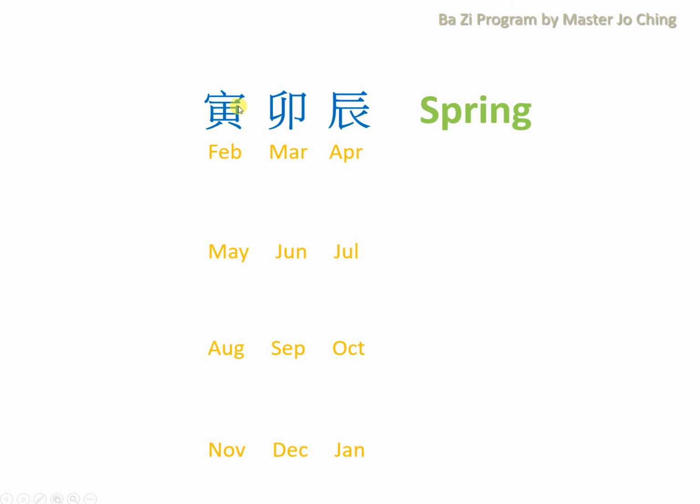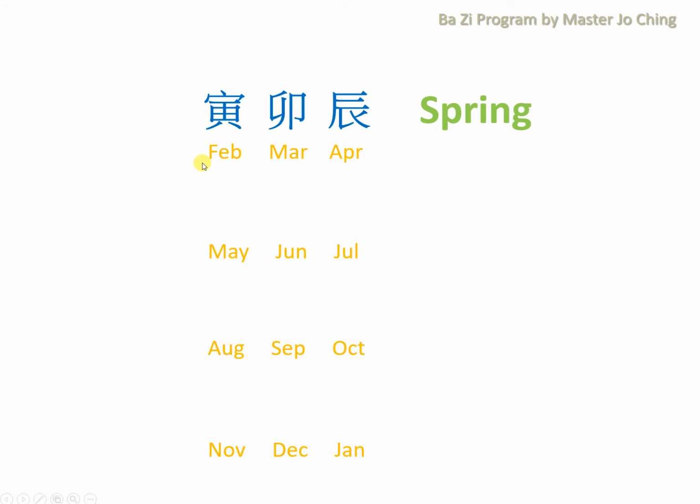Like 寅卯辰 is actually February, March, April, but please bear in mind they don't start on the 1st of February. In fact, in one of the next BaZi for Noob videos, I'm going to present the calendar system used by Feng Shui and BaZi practitioners.